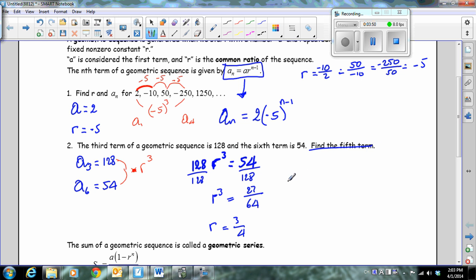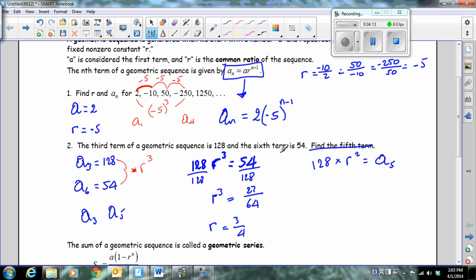There are 2 ways of doing it. I can go from a3 to a5, which is a3, 128, times r to the power of 2 to get to a5.